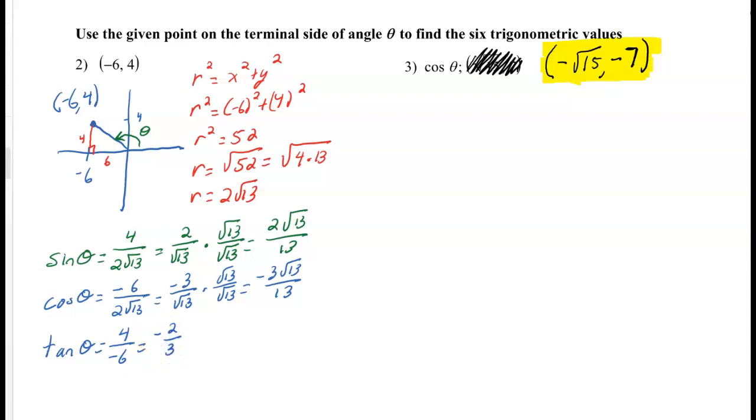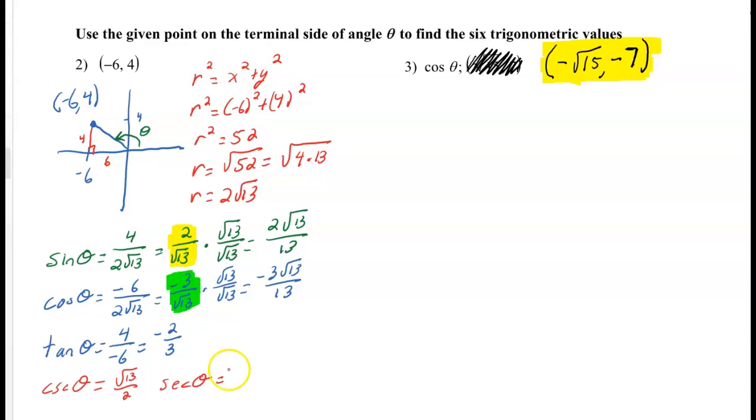And then the other 3 functions are reciprocals. So the cosecant of theta is the reciprocal of sine, so I just highlighted this yellow value. So the cosecant is root 13 over 2. The secant of theta is the reciprocal of cosine, so I just highlighted this green value.